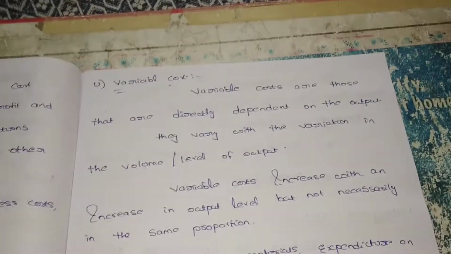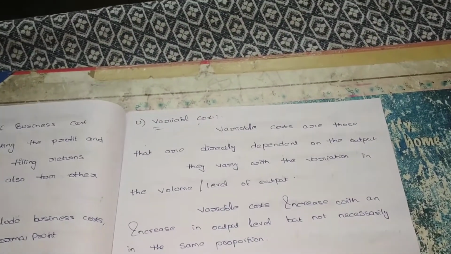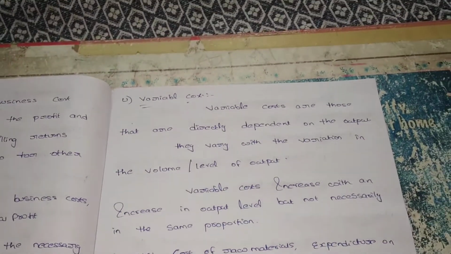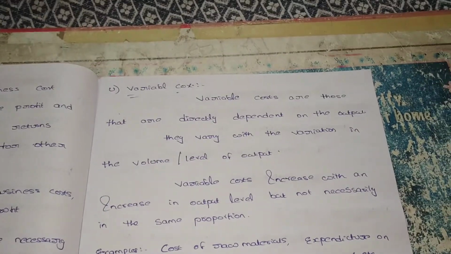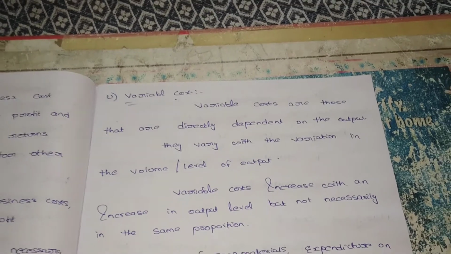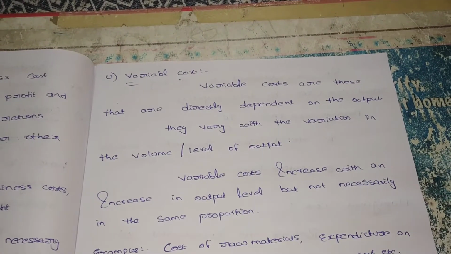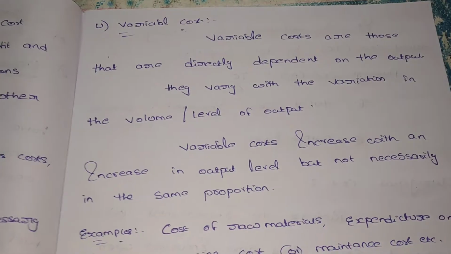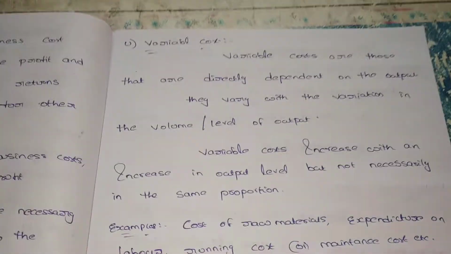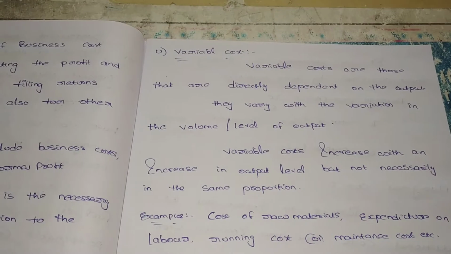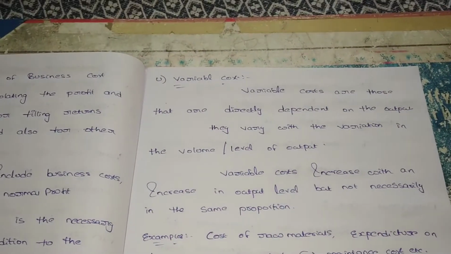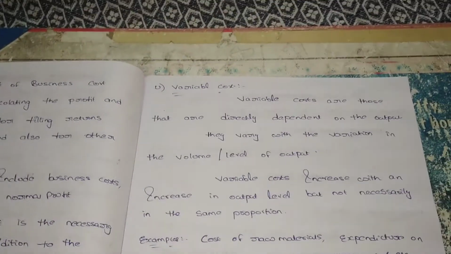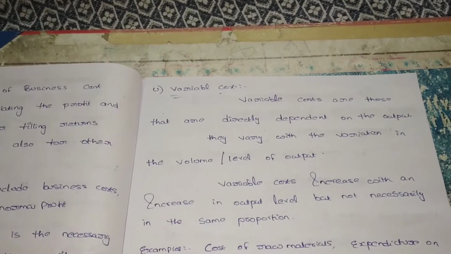Suppose, what is variable cost? Take an example: our company is producing rice. I increase the inputs, labor and capital, by 2 units, but the output, the rice bags, increases by 4 units.